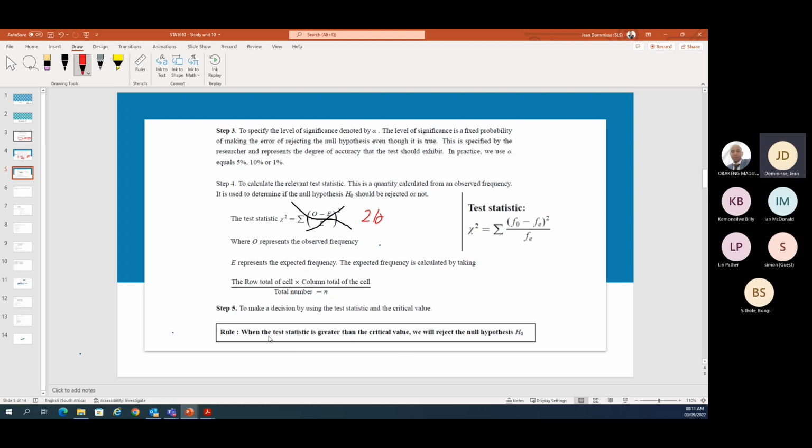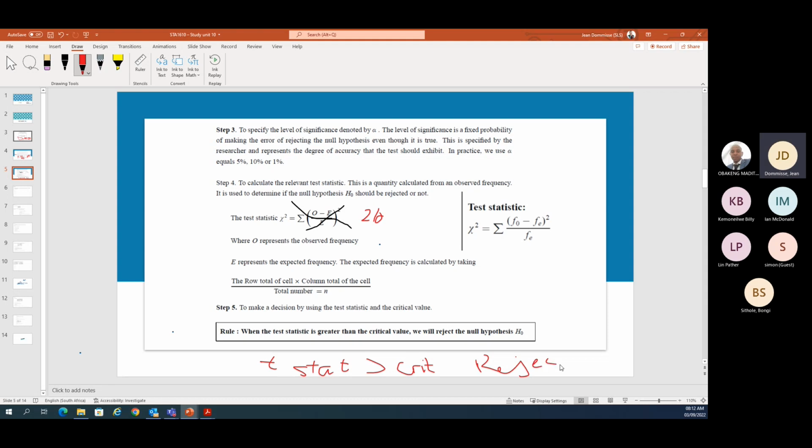Again, this is nearly just like we had in the previous chapter 9 on hypothesis testing: when the t-stat is greater than the critical value, we reject the null hypothesis.